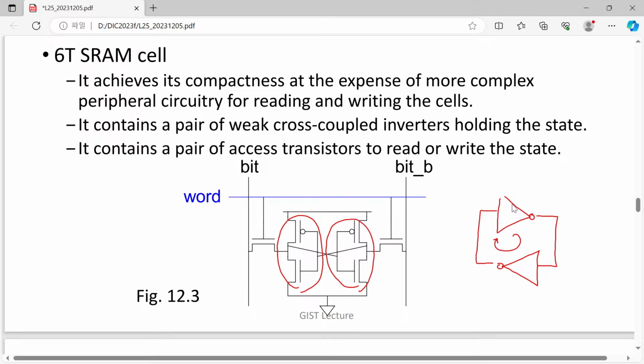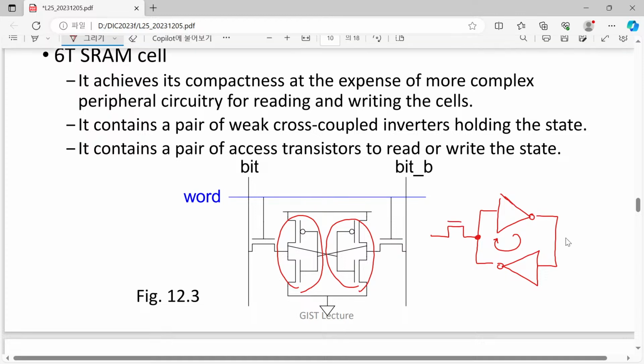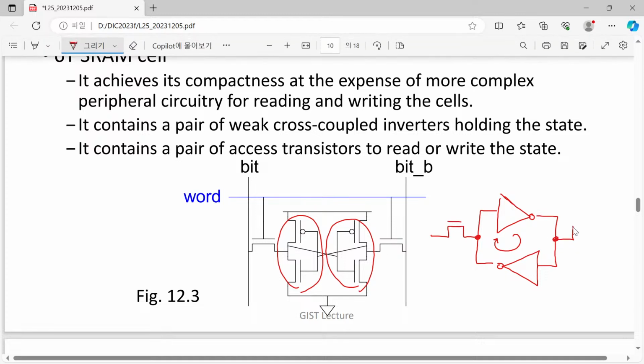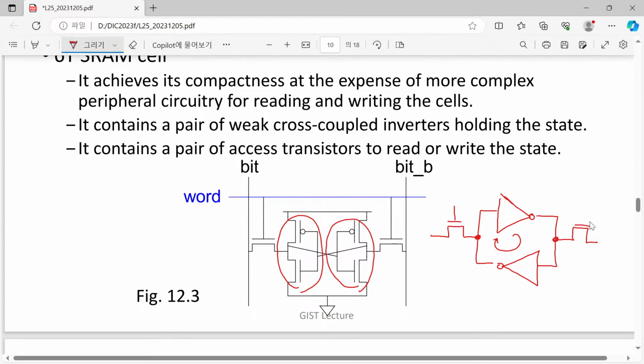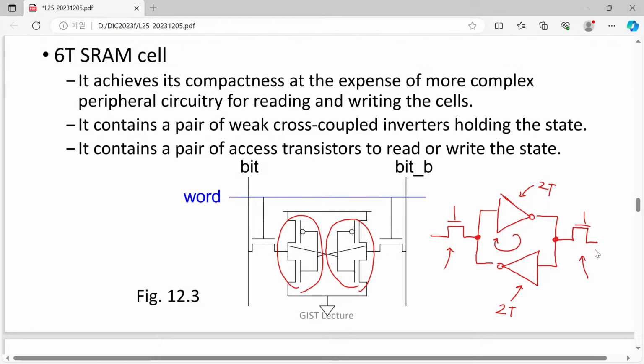Of course, if we have only these two inverters, then nothing can happen. We cannot write and read. Therefore, we must provide certain access transistors here and there. So now we have 6 transistors: 2 for one inverter, 2 for the other, and 2 access transistors, so overall we have 6 transistors.